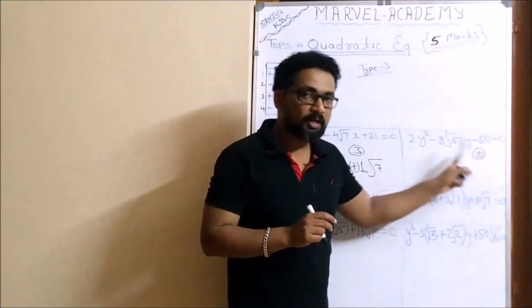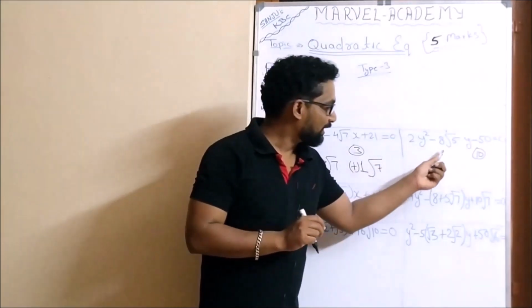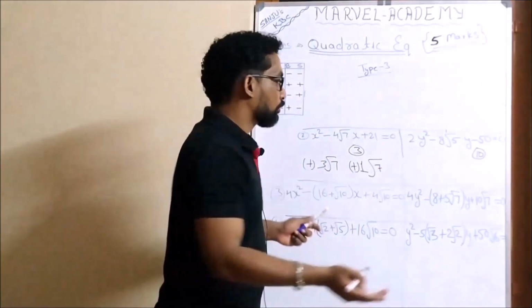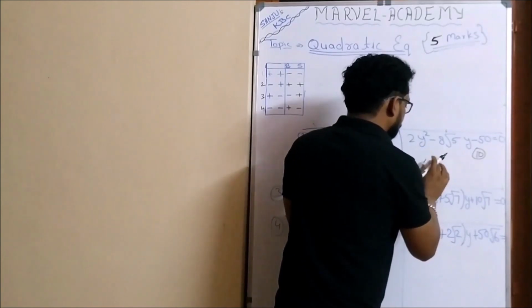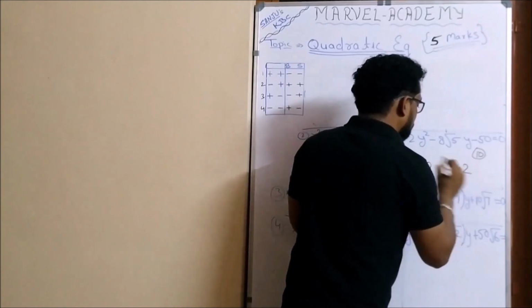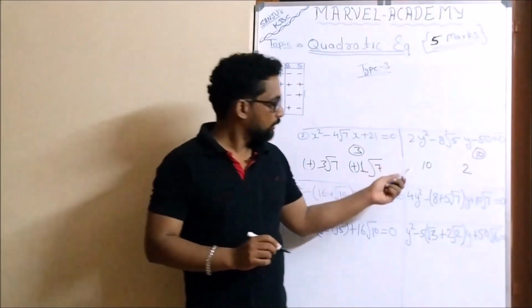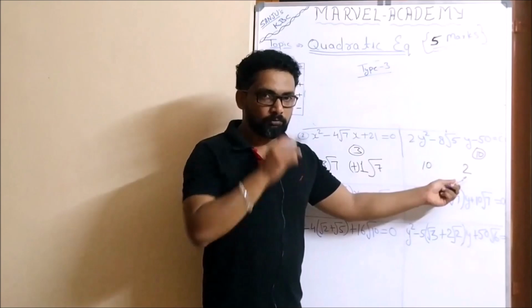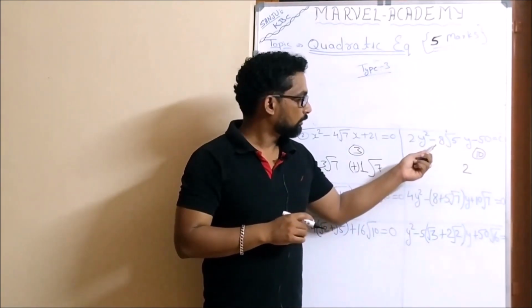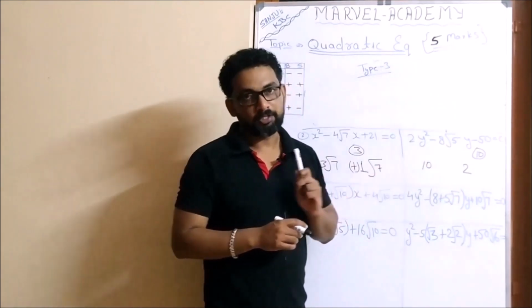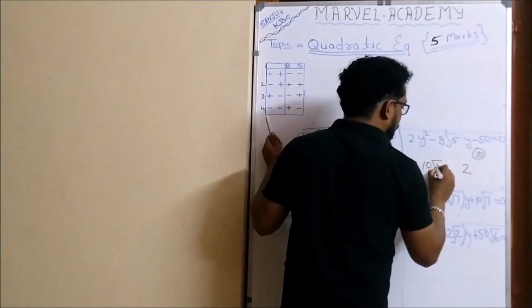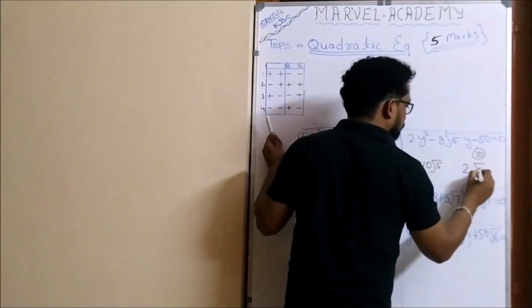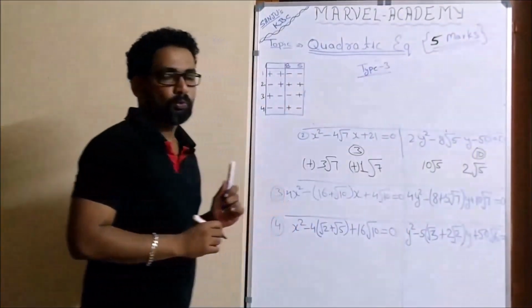The multiple should be 20 because 10 into 2 is 20, and addition should be 8. So what will be the factors? 10 and 2, because 10 into 2 is 20 and 10 minus 2 is 8. So root 5, root 5.